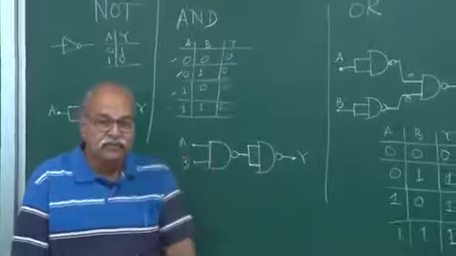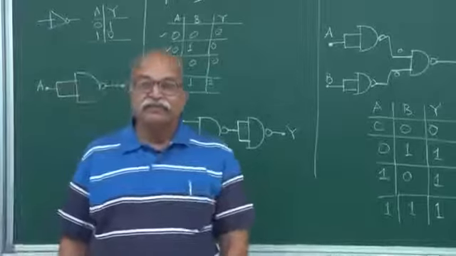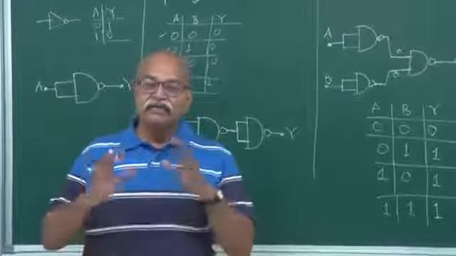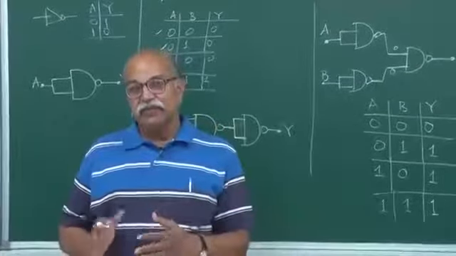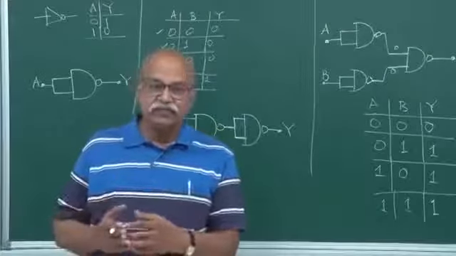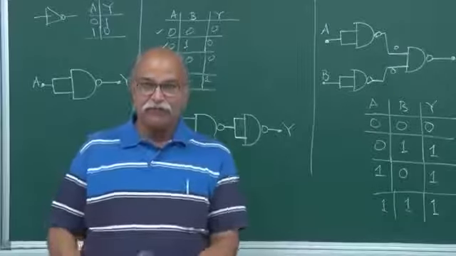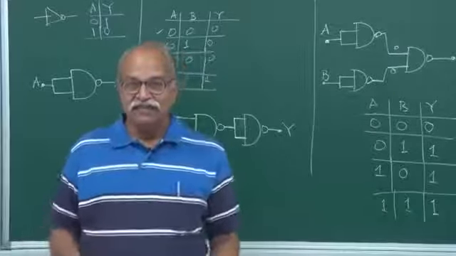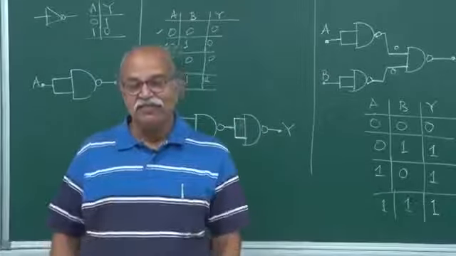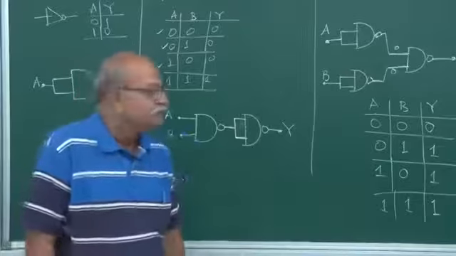of that is NOR. And these two are called universal gates because any kind of digital circuit can be made only through NAND gates or only through NOR gates. So, if you have a packet with many NAND gates, then you have enough material to make any digital circuit.